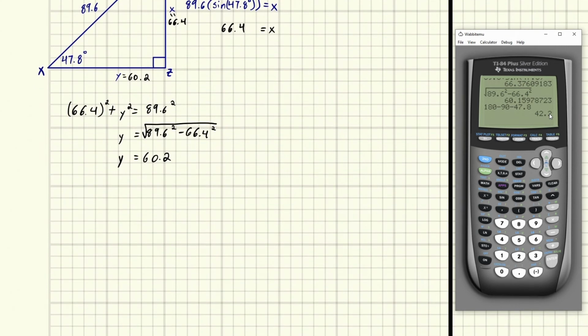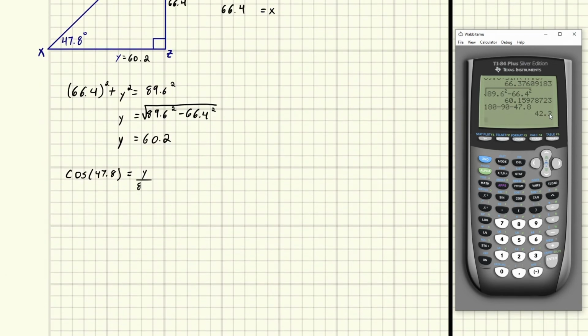So we're going to check it by using cosine of 47.8 is equal to y over 89.6. Again, we can multiply both sides by 89.6. And these are degrees. I have not been drawing the degree sign. These are degrees. That is equal to y.